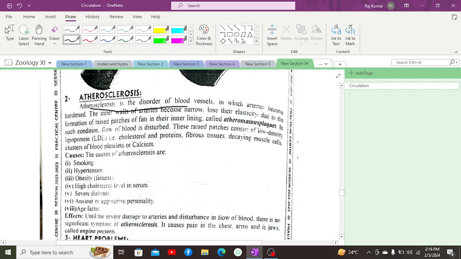Atherosclerosis is the disorder of the blood vessels in which arteries become hardened, such that the inner walls of the arteries become narrow and lose their elasticity due to the formation of raised patches of fats in the inner lining called atheromatous plaques. These basically decrease the lumen of the arteries, and thus arteries become narrow, lose elasticity, and in such a condition the flow of blood is disturbed.